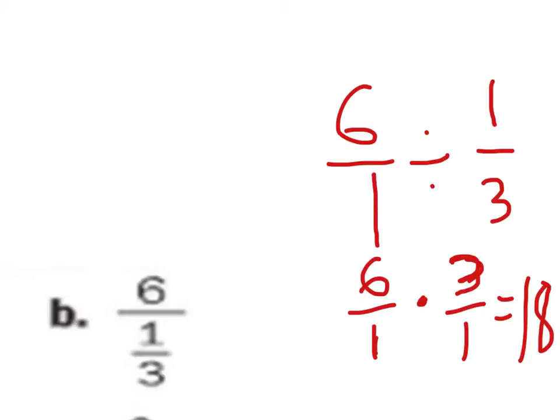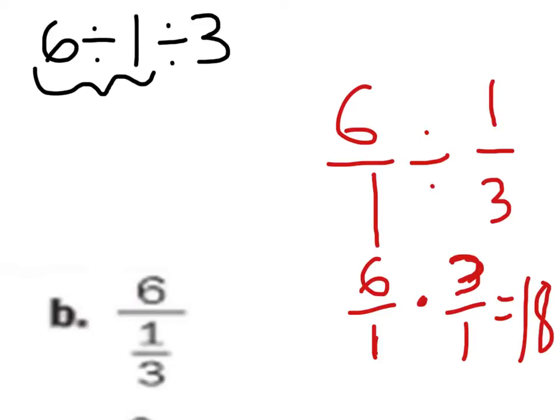Excellent work. So 18. What's happening with the calculator, all right? In the calculator, you're saying 6 divided by 1 divided by 3. It's doing the order of operations for you. So 6 divided by 1 is 6. Now it will divide by 3, which is 2. Well, that's not how it works, right? All right, Ashley will do D.